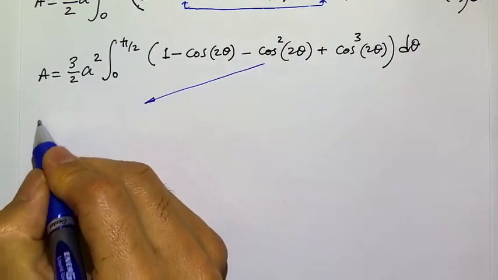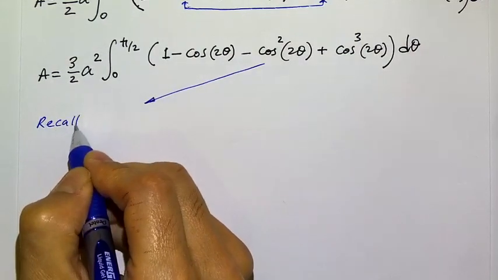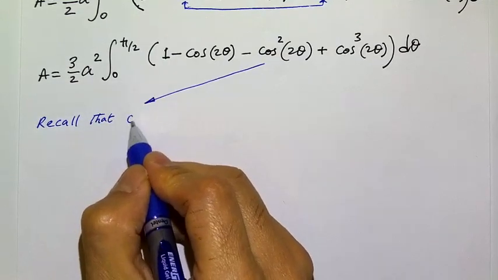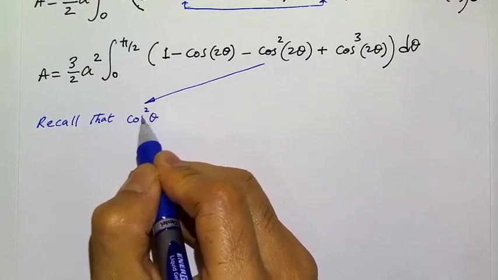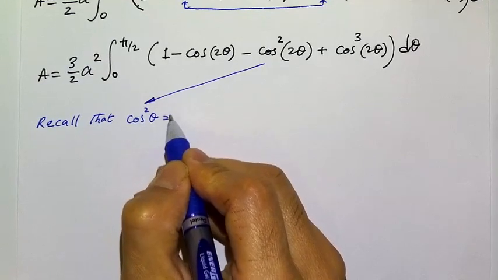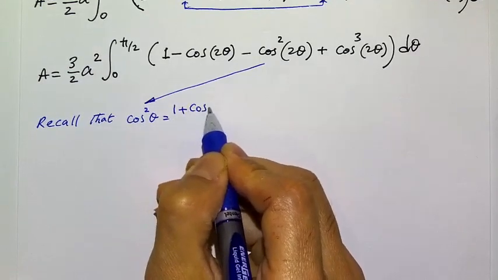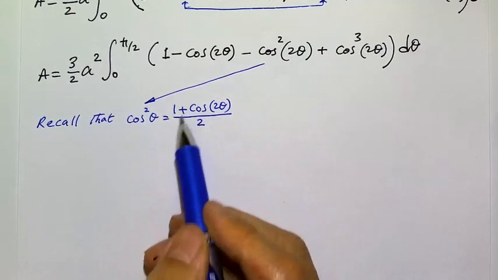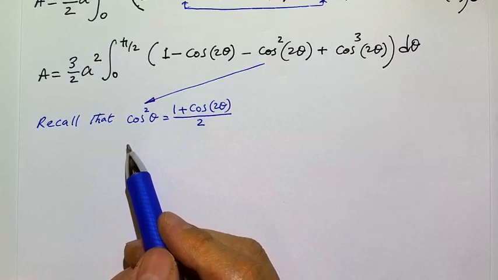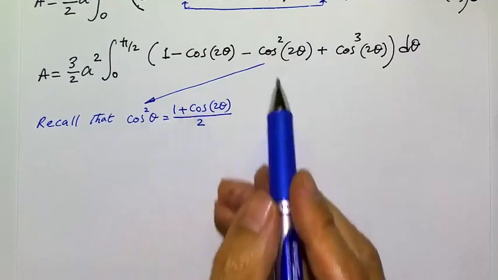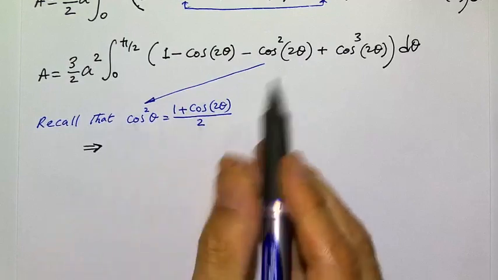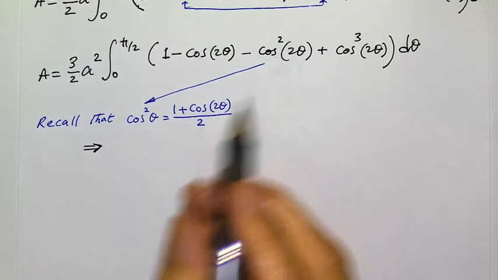So recall that cosine squared theta is equal to 1 plus cosine of 2 theta, divided by 2, right? That's what we just used on the other page. Now we're going to use that to rewrite this so it's easier to integrate.